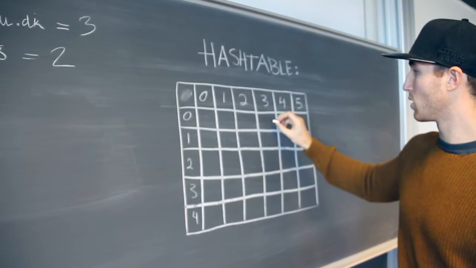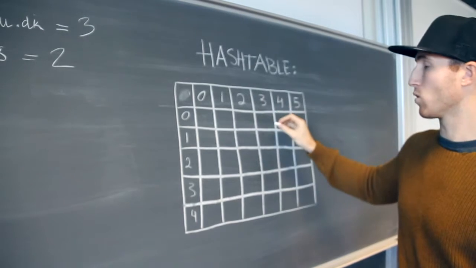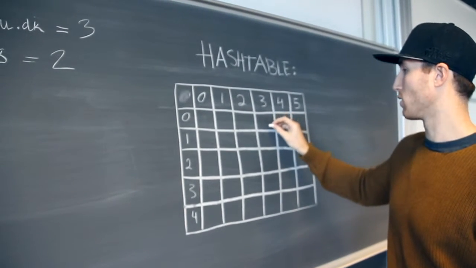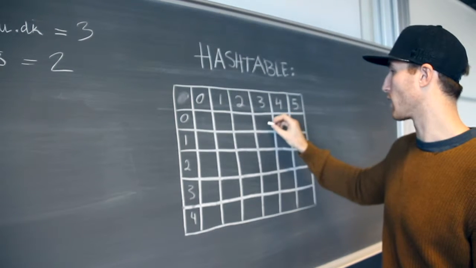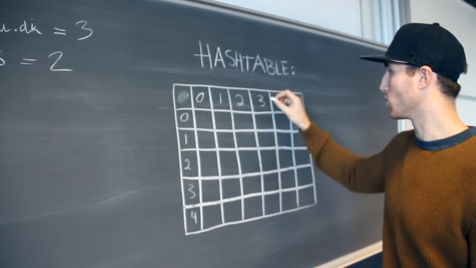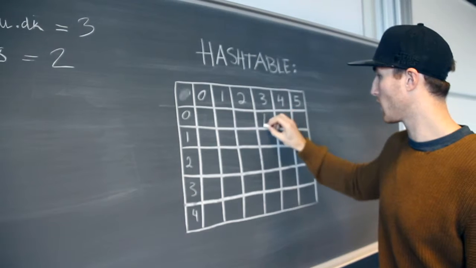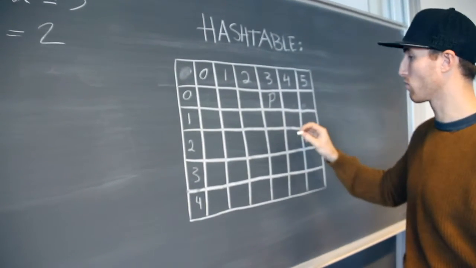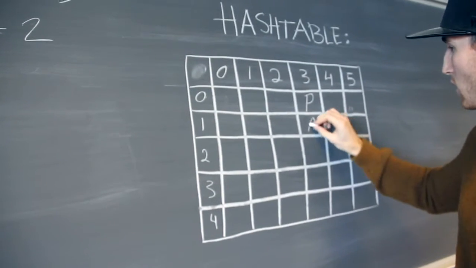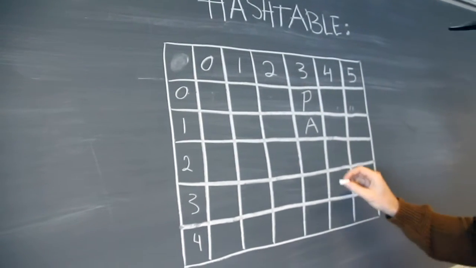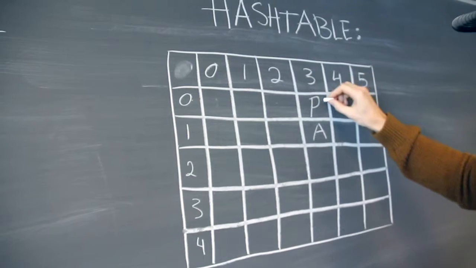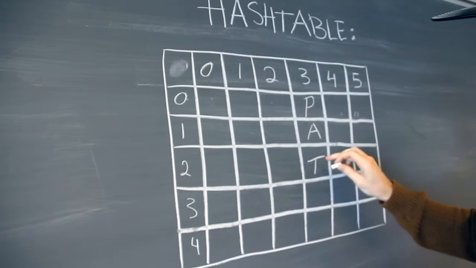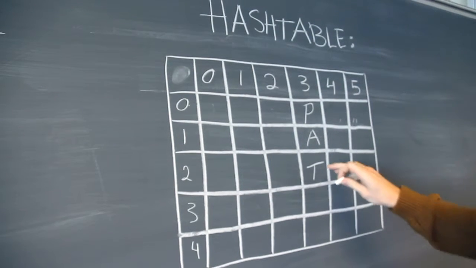But of course there can be conflicts, which would be if another user had created an account with a hash value also becoming 3. So let's say Paul also has the value of 3 and Anthony has the value of 3. Then, because of chaining, my value would be under 2.